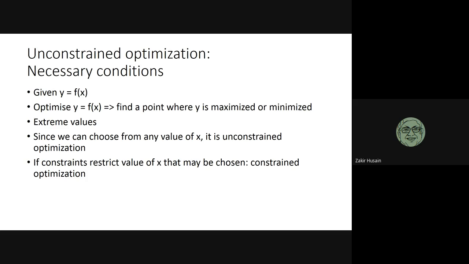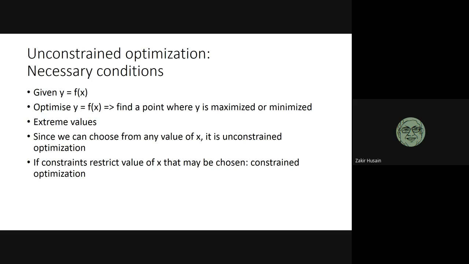The difference between constrained and unconstrained optimization will remain if we increase the number of choice variables. Instead of x, we can choose a multivariable function. So we have 2 or 3 variables: y is a function of x1, x2, x3. In that case, we will have a constrained optimization with multiple variables.